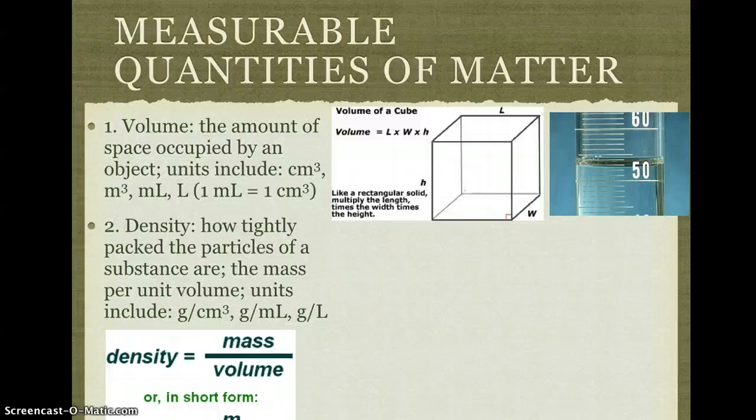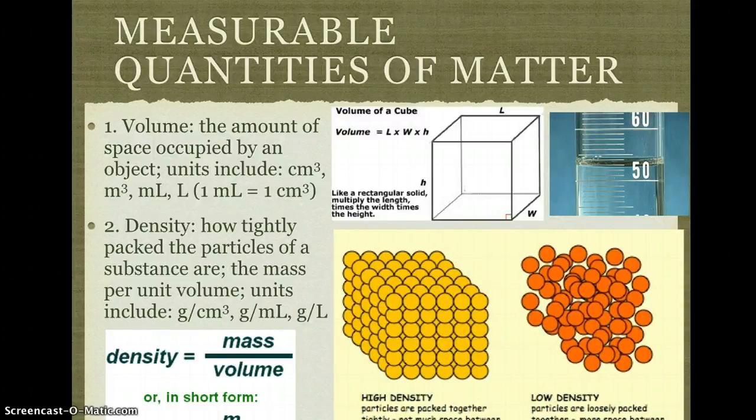And so there we see an array of possible units: grams per centimeter cubed, grams per milliliter, grams per liter. Could even be kilograms per meter cubed. So we've got a lot of possibilities there. And again, this goes along with what density means. It's how tightly packed they are. Very simply put, high density is very tightly packed. Low density, there's more spacing involved there.